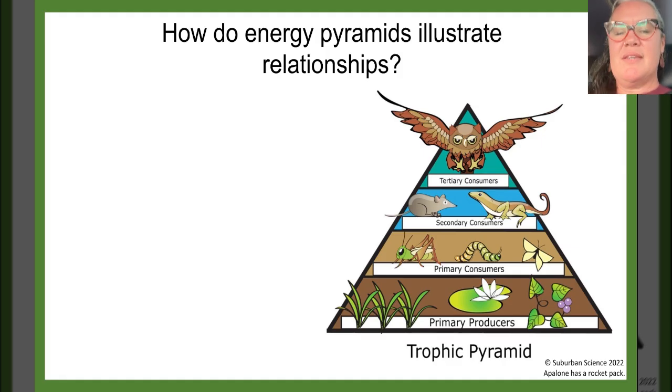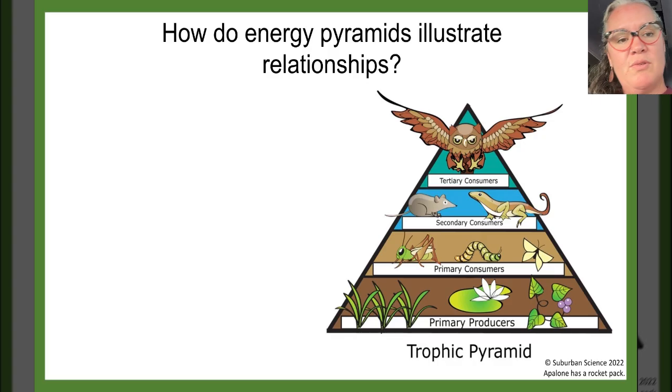You can see this is a kind of model that's typically used to represent the feeding relationships in an ecosystem. At the bottom we call them producers or primary producers, but these are the photosynthesizers in an ecosystem, and the bottom of the pyramid is a lot larger and represents larger populations than the consumers.